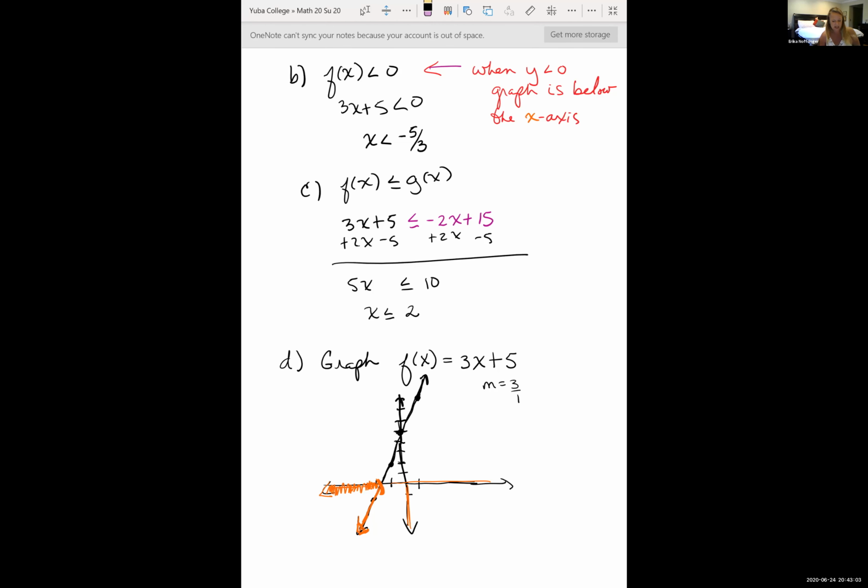So let's look at that other piece where it says, let's graph both f of x and g of x together and relate what it's saying with f of x is less than or equal to g of x.